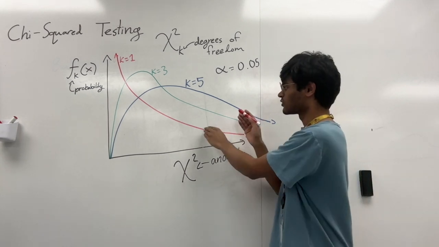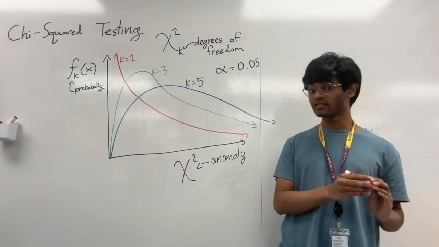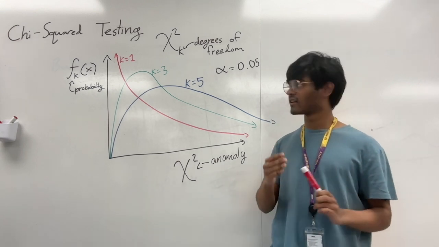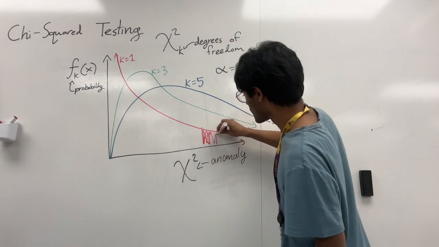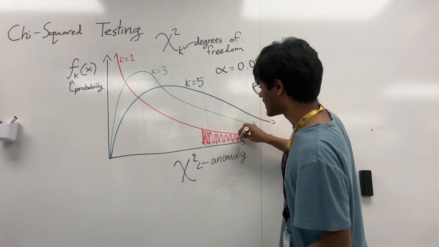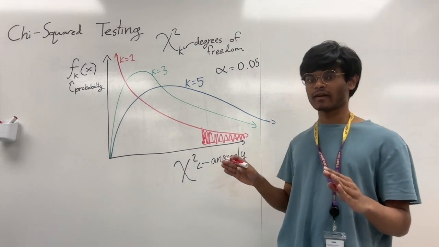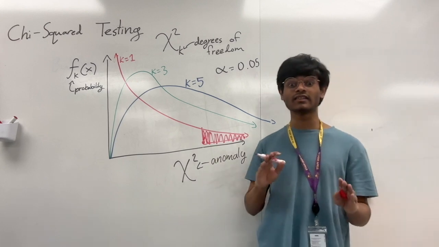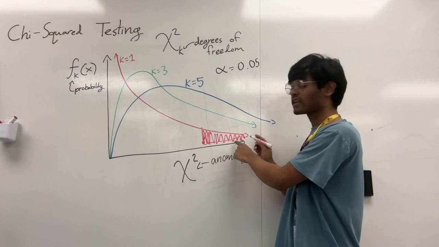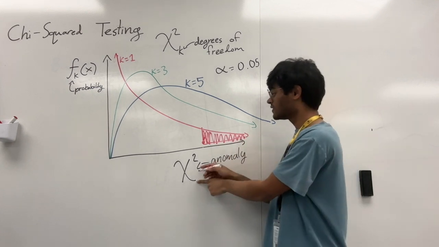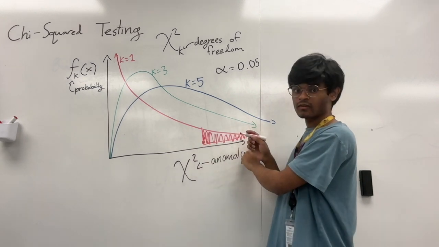Looking at our distribution for 1 degree of freedom, our chi-square statistic, that cutoff statistic, is at around 3.8 or so. What that means is that if our data did not have some actual difference, no underlying difference between it and what we expect, then 5% of the time, we'll see our anomaly be over that threshold.